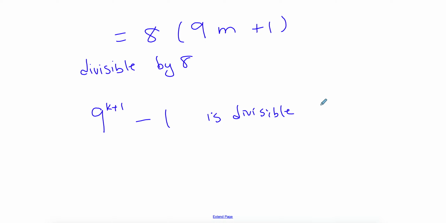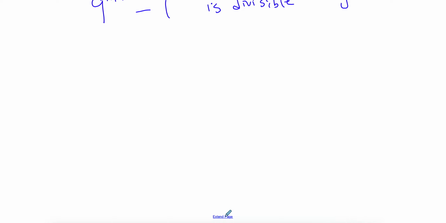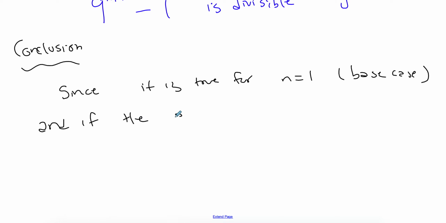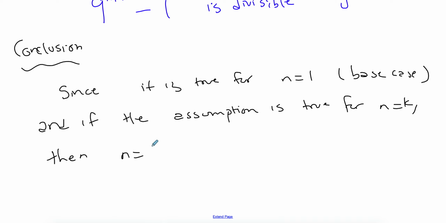And so your conclusion will be: since it is true for n equals 1, or the base case, and if the assumption is true for n equals k, then for n equals k plus 1, so P(k+1) is true.